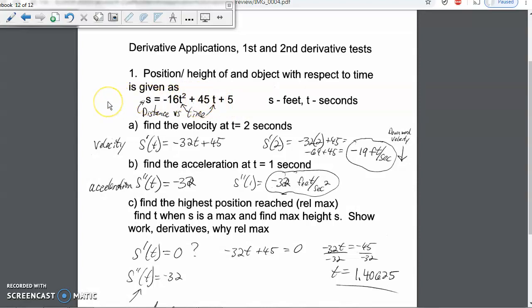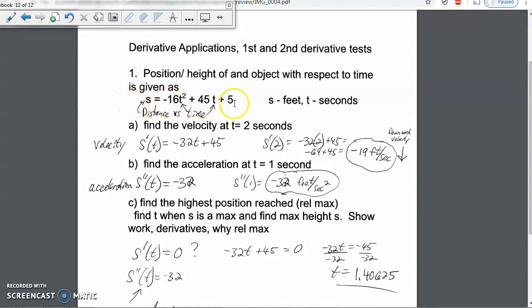So obviously anytime we get a negative value, it's going down, positive's going up. If your position's below 0, then that's below the quote-unquote ground, and anything above that is obviously high. And we're also not going to do any negative time, so the time will be a minimum at 0. We will not go to the left of 0.